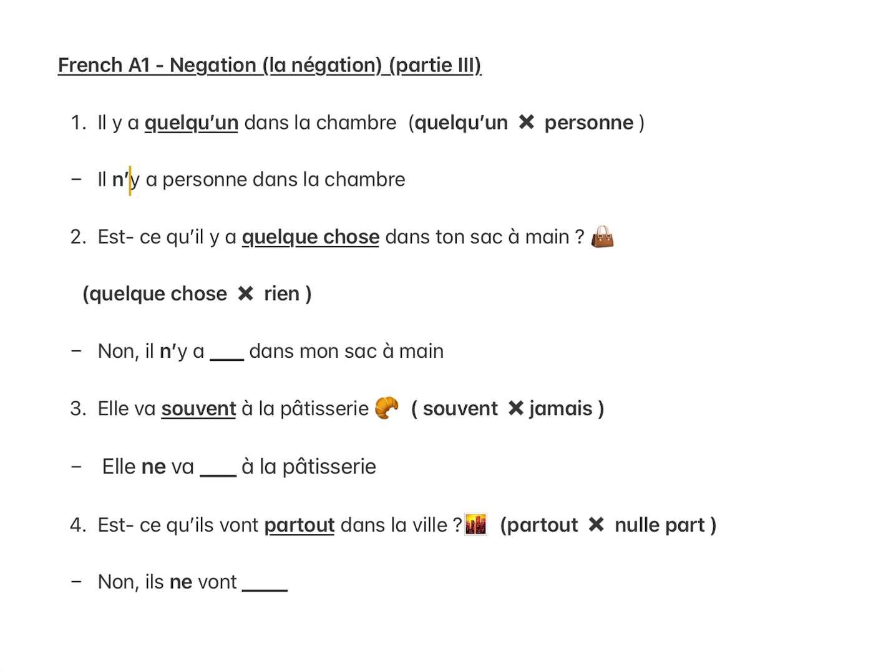We add ne or an apostrophe before the conjugated verb. However, in the third way of negating a sentence in French, we do not use pas, we do not use aucun or aucune. Instead, we are simply using the opposite of quelqu'un, which is personne. That means no one.